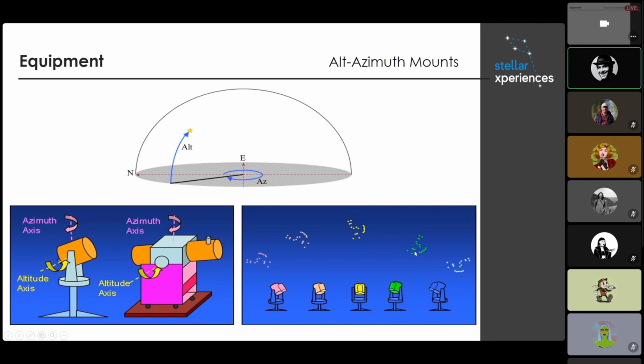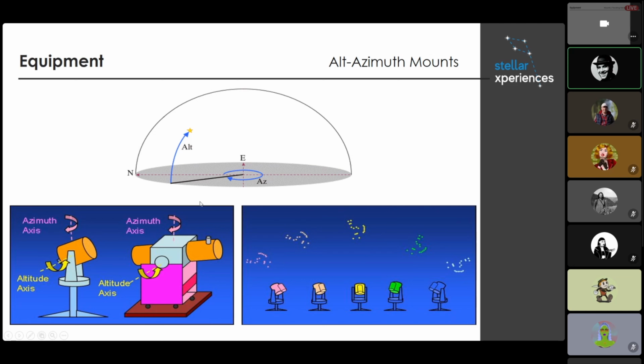It will change the orientation, and this type of mounts cannot track that orientation change. At the end of the night, you will have to cut lots of information from your photos to be able to align the photos.